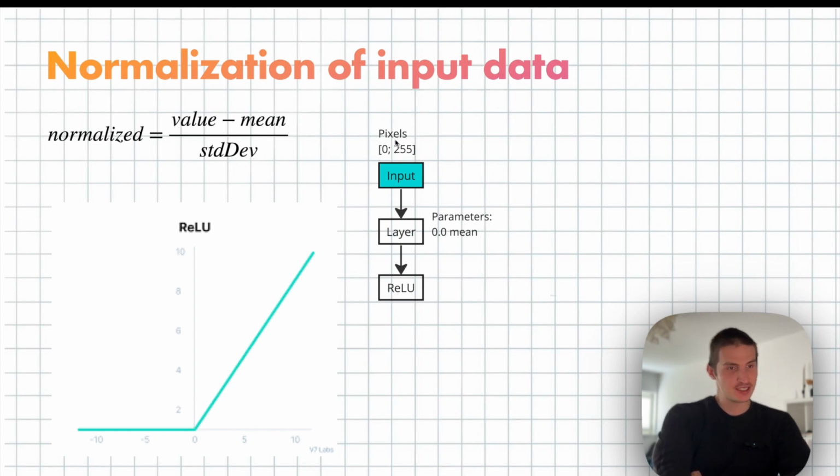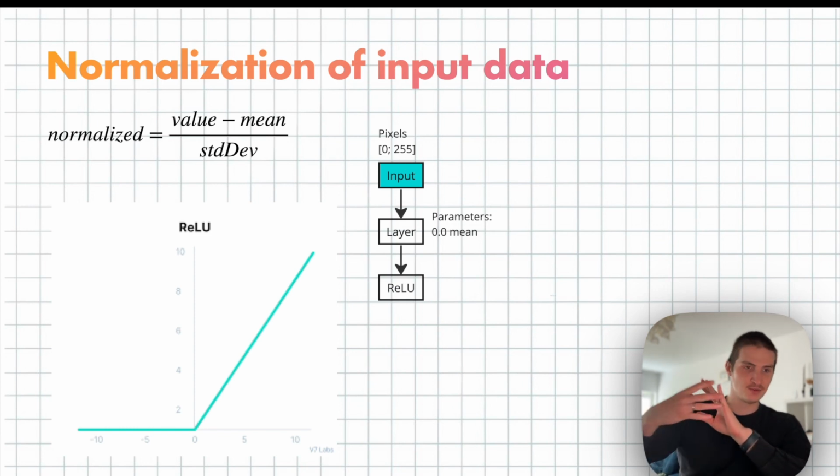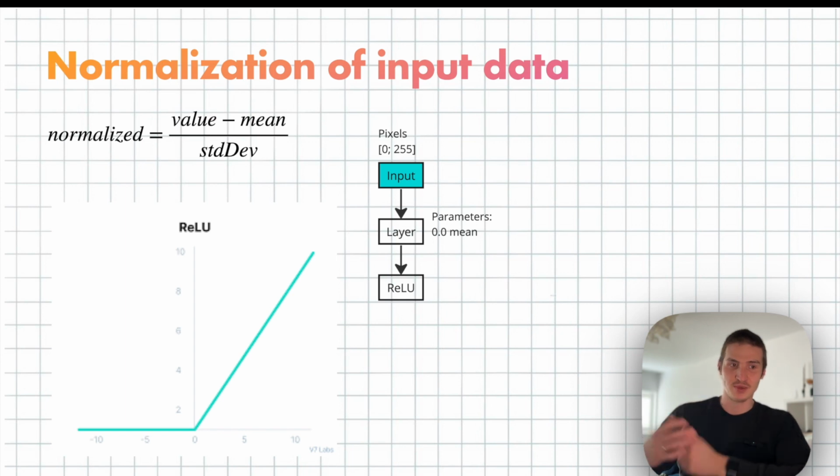But if you just take a typical picture represented in pixels, and the value of a pixel is from 0 to 255, for example, then this is way off. This is definitely not 0 mean.